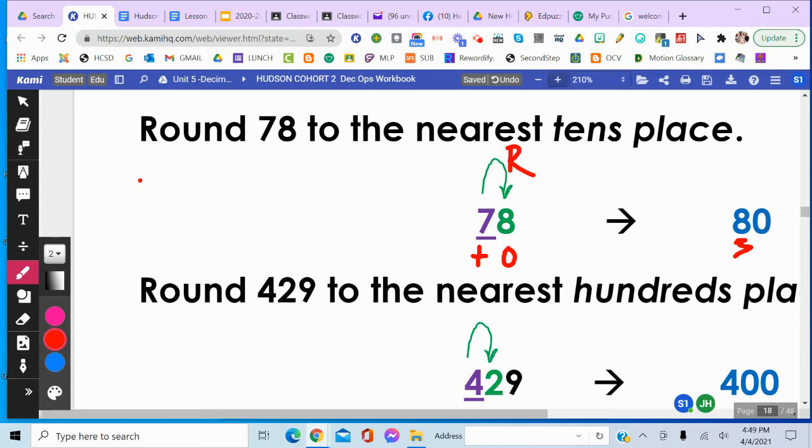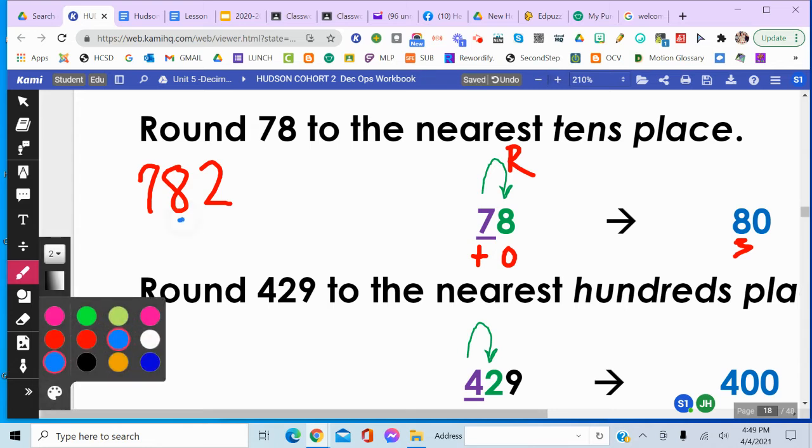If I had 782 and I wanted to round to tens place, I would still look to the right. I'm going to look to that 2. That 2 is going to tell that 8 to stay itself. It's just going to stay an 8.